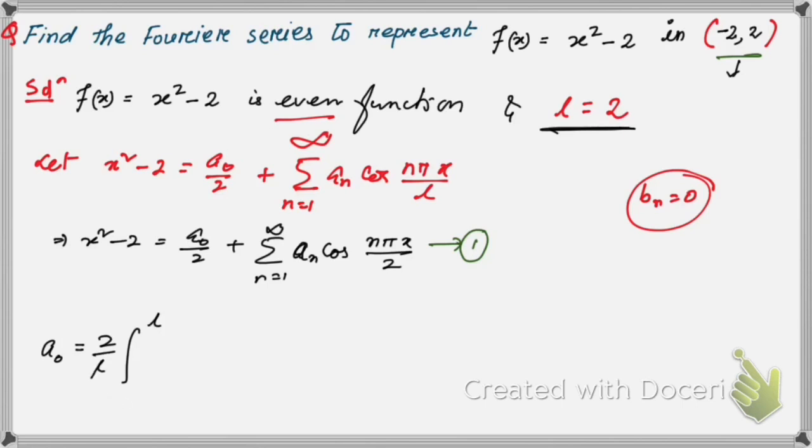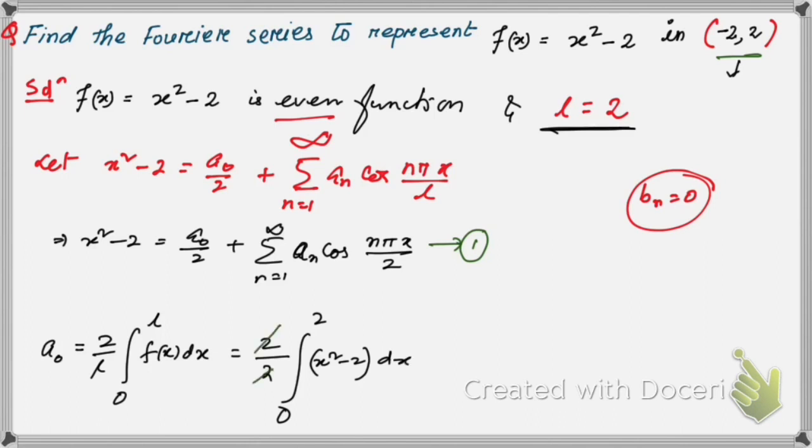This is the property of integral. So f of x dx, right? So here f of x is x square minus 2. Here the value of l is 2, so 0 to 2, f of x is x square minus 2 dx, right? That's what we will get.